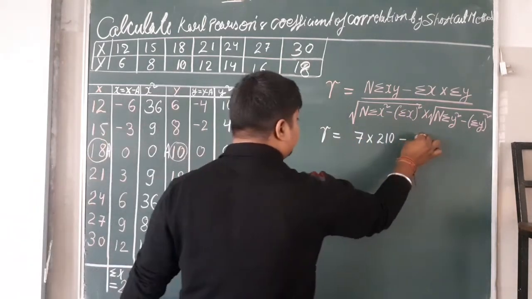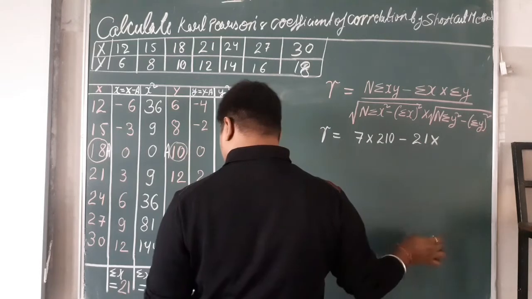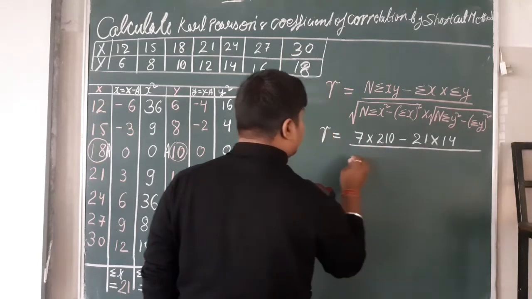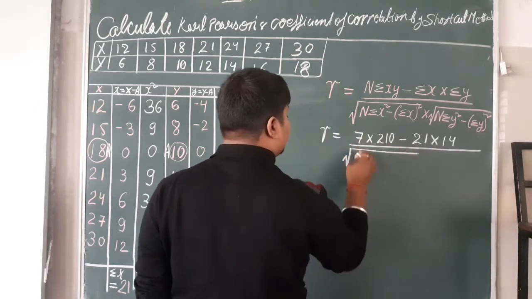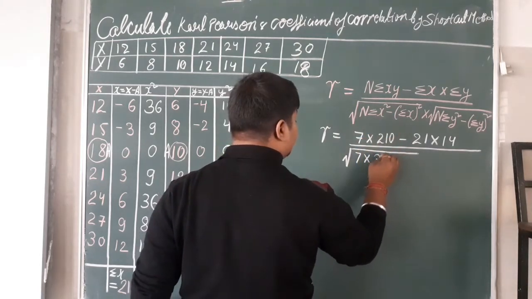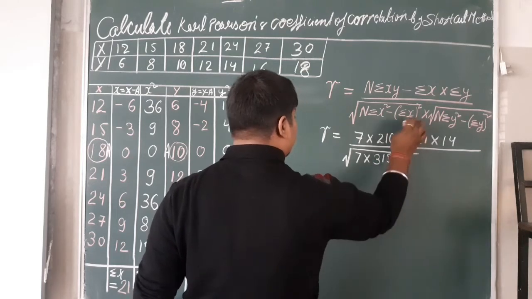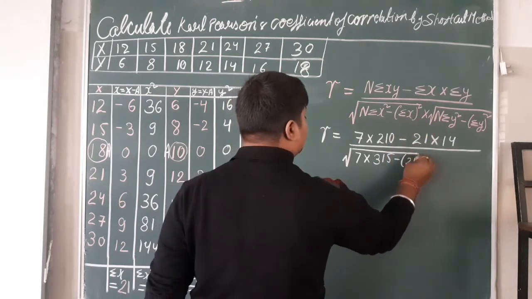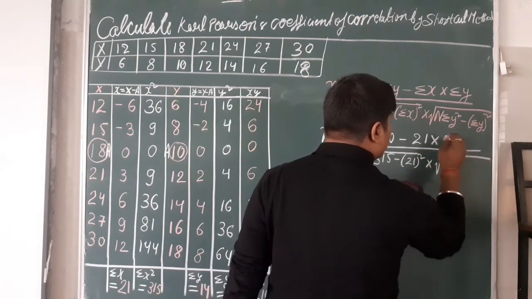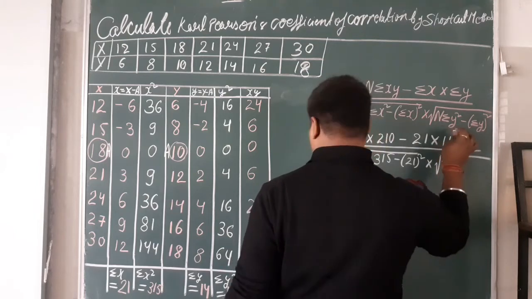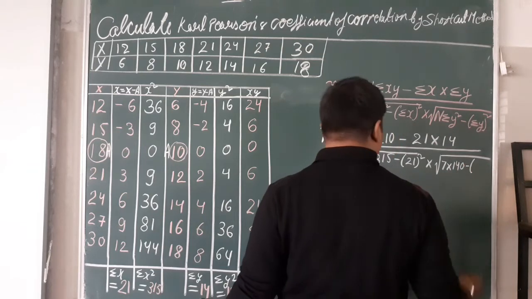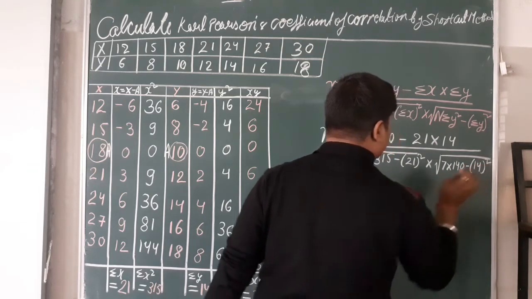Sigma x is 21 and sigma y is 14, upon under root n, again 7 into sigma x square, which is 315, minus sigma x whole square, 21 whole square, into again n which is 7, sigma y square, which is 140, minus sigma y whole square, 14 whole square.